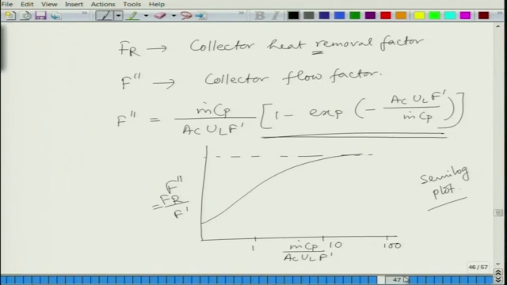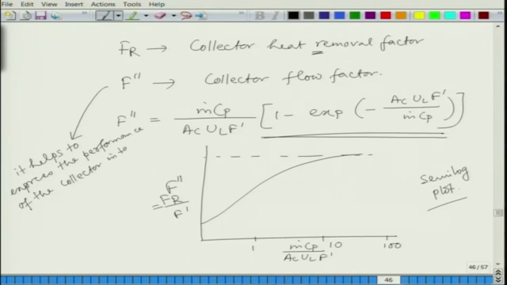So, here I should write that this collector flow factor, what it does, it helps to express the performance of the collector in terms of non-dimensional capacity.